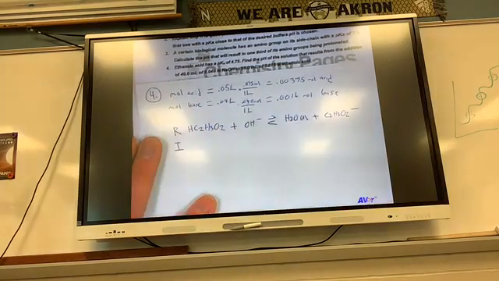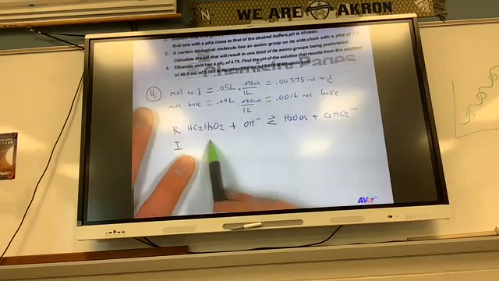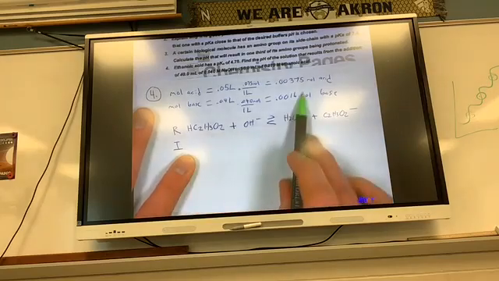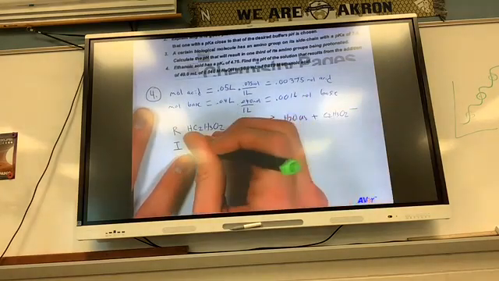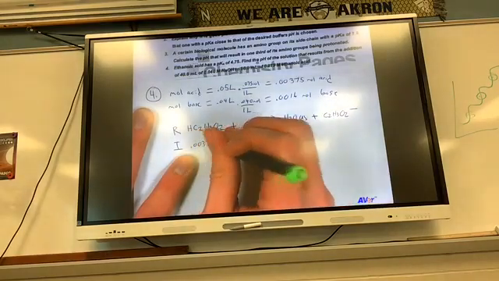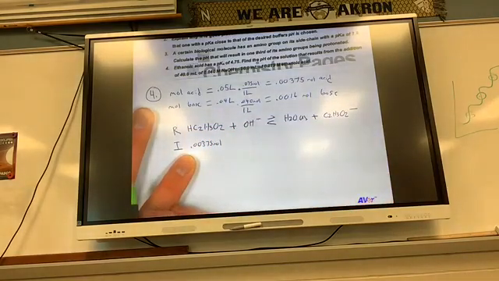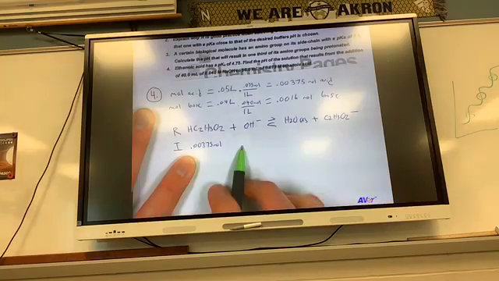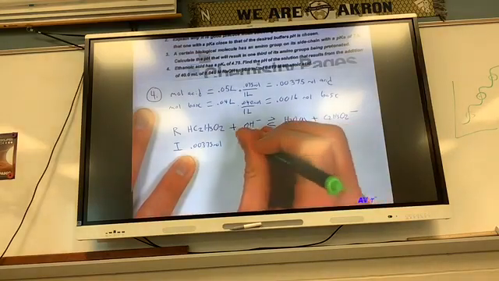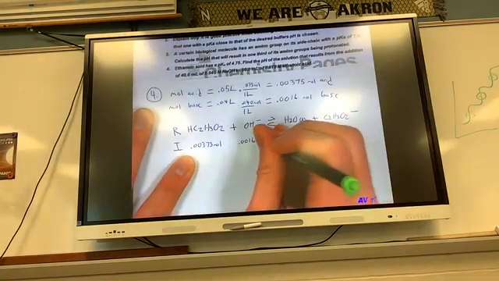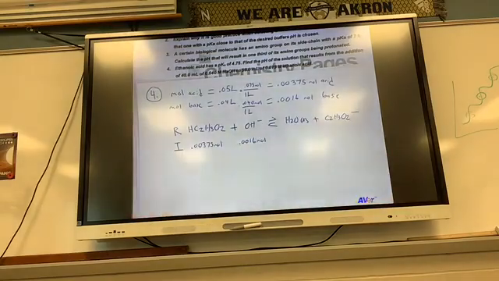Initial. What is my initial amount of acid? It's right here. 0.00375 moles. What is my initial amount of base? 0.0016 moles. Would that mean 0 for the one on the right?